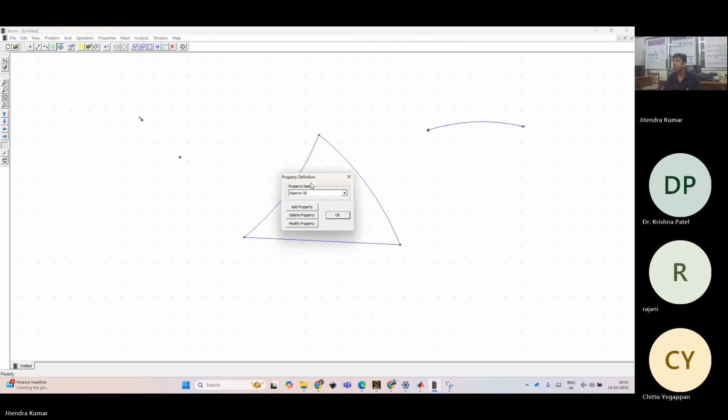Now you could see here, and it is add property, modify property. So there must be some tab for the materials.